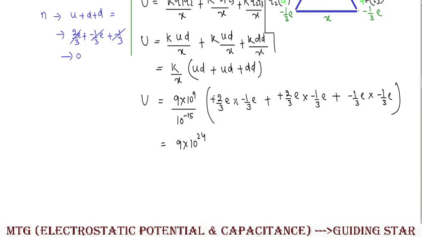Here it will be 2/3 into 1/3, which equals 2/9, and e into e is e². Plus, here it will be minus as the negative sign is there, so minus 2/9 e², and here minus into minus gives plus, so it will be 1/9 e². So this is the case.